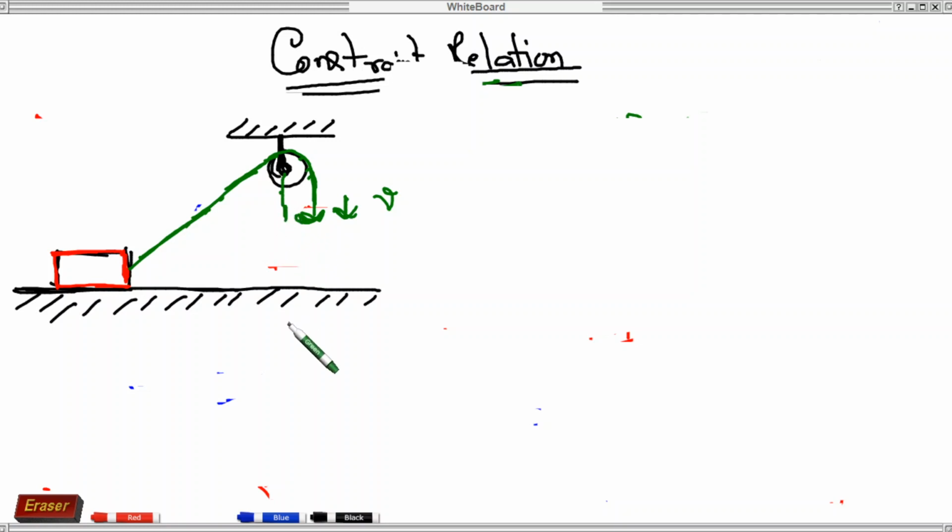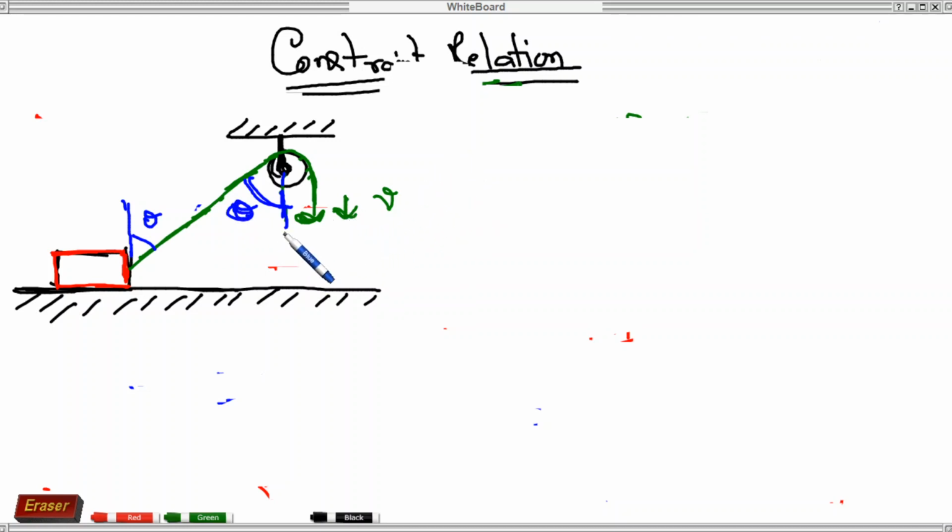This angle is, suppose at some point of time, theta. This would be theta, this would be theta.